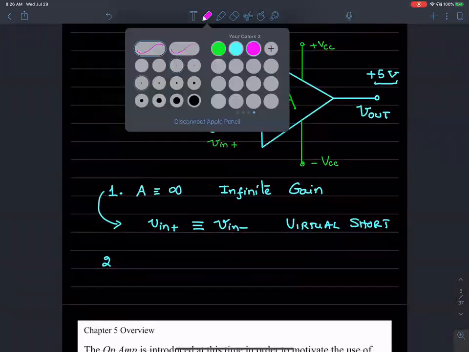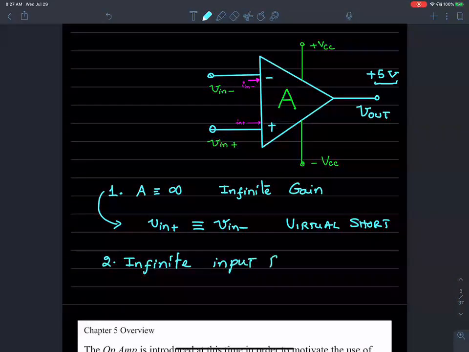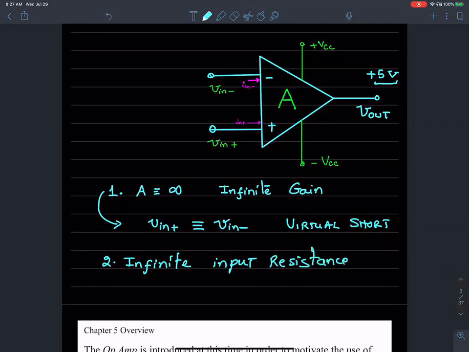So there's a name, we like to call it infinite input resistance. Meaning the I input plus, the amount of current going into the positive terminal of an op-amp, and the amount of current going into the negative terminal of an op-amp are 0.